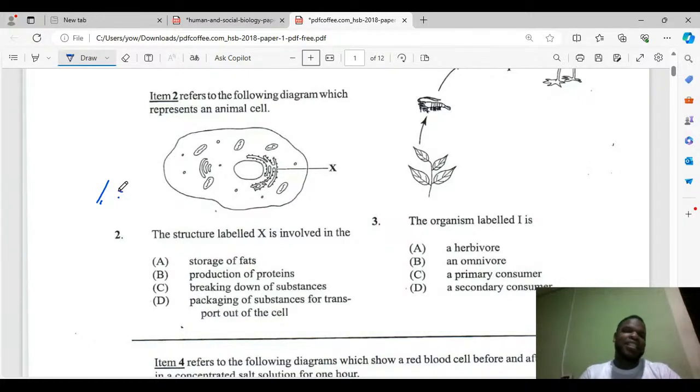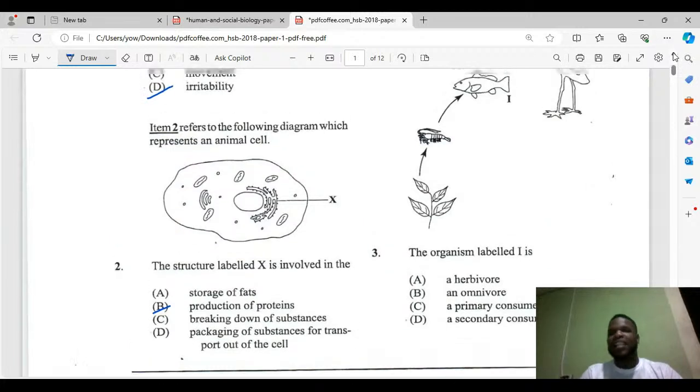That's why it is rough endoplasmic reticulum. Ribosomes are responsible for making protein, and they are attached to the endoplasmic reticulum, so it would be B. You can't just say you saw it on a video. You have to know why. All right, next one.